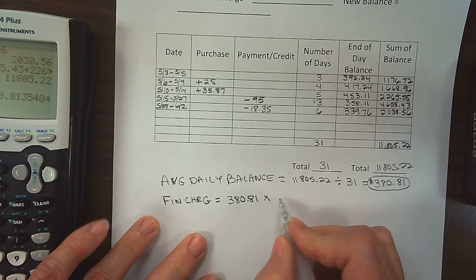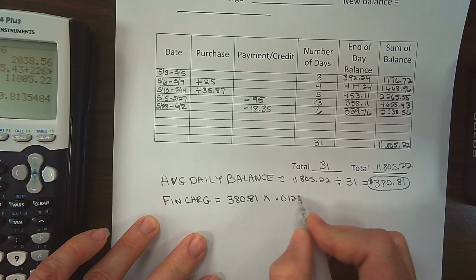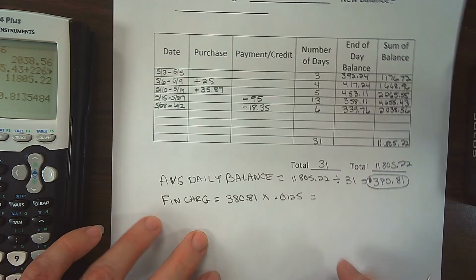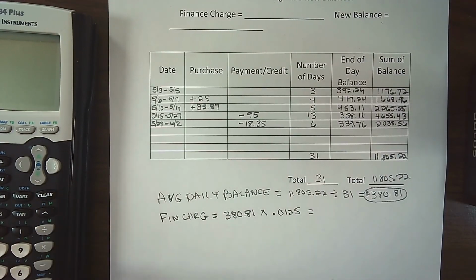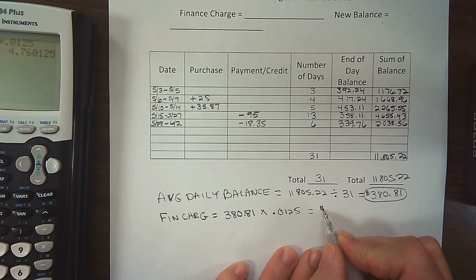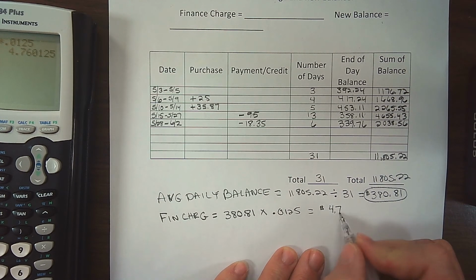Remember, we need to move the decimal 2 places to the left to express that as a decimal. And I'm going to do that arithmetic here. $380.81 times 0.0125 rounded to the nearest cent gives me a finance charge of $4.76.